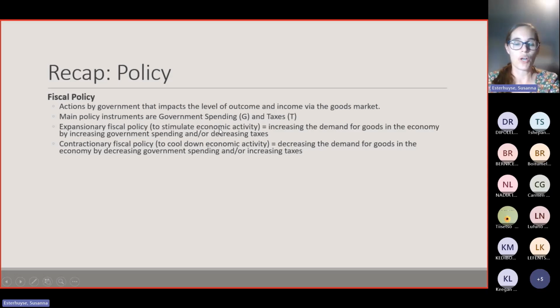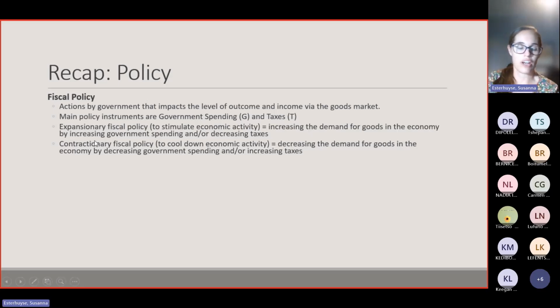So you want your level of output and income, or your GDP, to increase. And how you do that is you increase the demand for goods in the economy by increasing government spending or by reducing taxes. Because if your taxes are lower, your disposable income increases, which means your demand for goods increases.